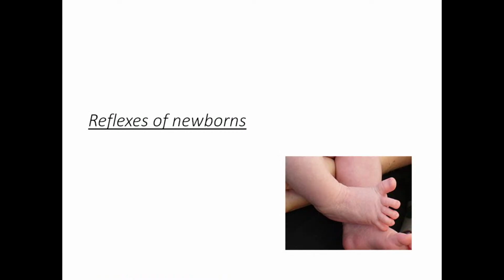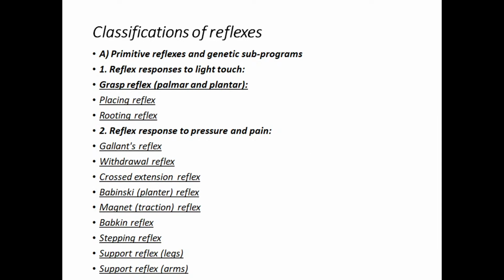Okay, in the last part of our lecture we discussed reflexes of newborns. Classification of the reflexes: primitive reflexes and genetic subprograms. Reflex responses to light touch: grasp reflex, placing, rooting reflex, and the reflex response to pressure and pain: Gallant's, withdrawal, cross extension, Babinski, magnet, Babkin, stepping, support reflex for legs and support reflex for arms.